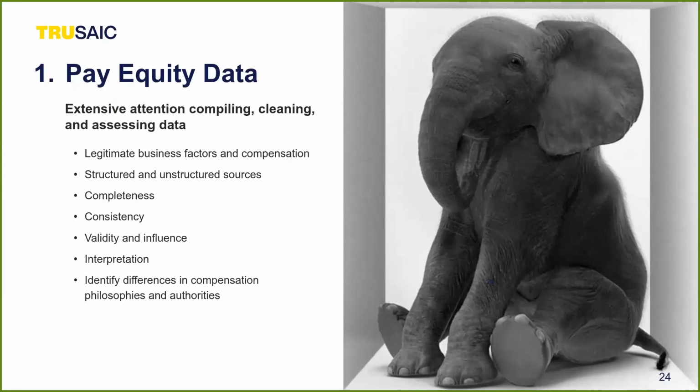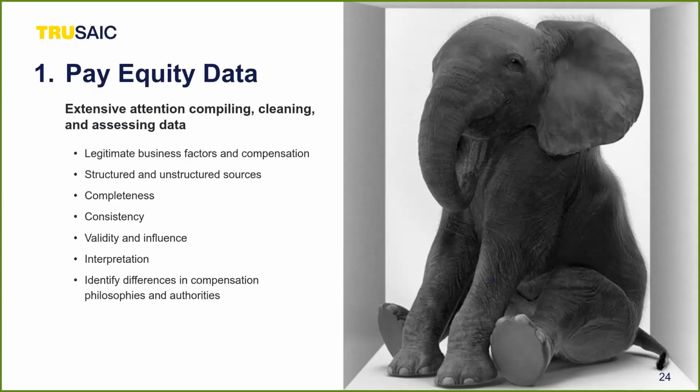Another element is that data is both structured and unstructured, such as resumes that may not be digitized or broken down in applicant hiring software. Prior experience is another example of information that is more costly to bring into analyses, but it's important to bring it in, especially if it's relevant to setting compensation.